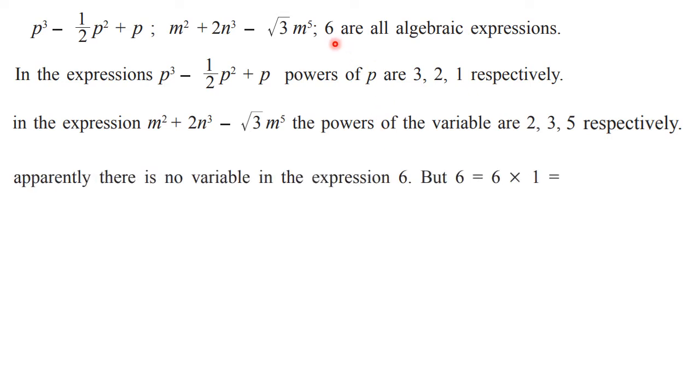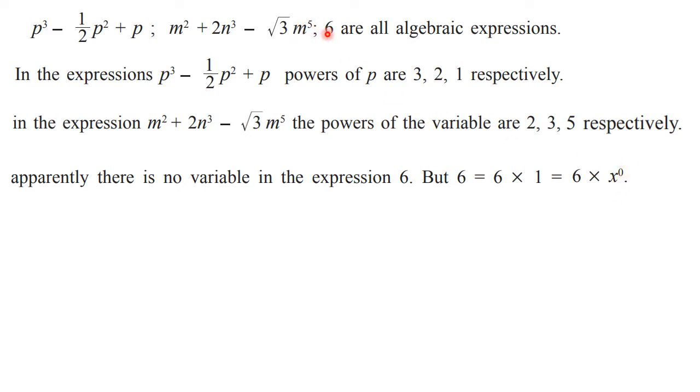In the last one, 6 we can write as 6 into 1, and this 1 we can write as x raised to 0, or you can take any other variable like m raised to 0, because you have studied in lower standards in the rule of indices that anything raised to 0 is 1. So this 1 we can express as x raised to 0.